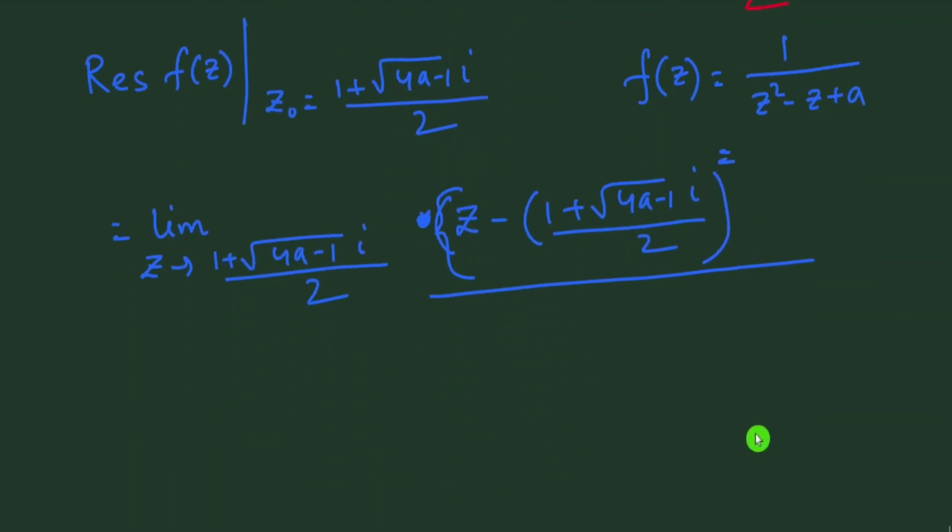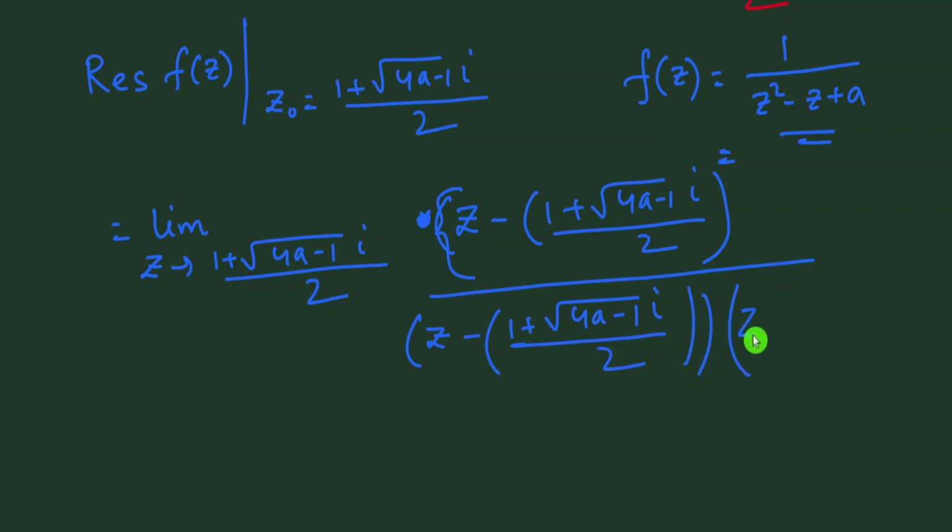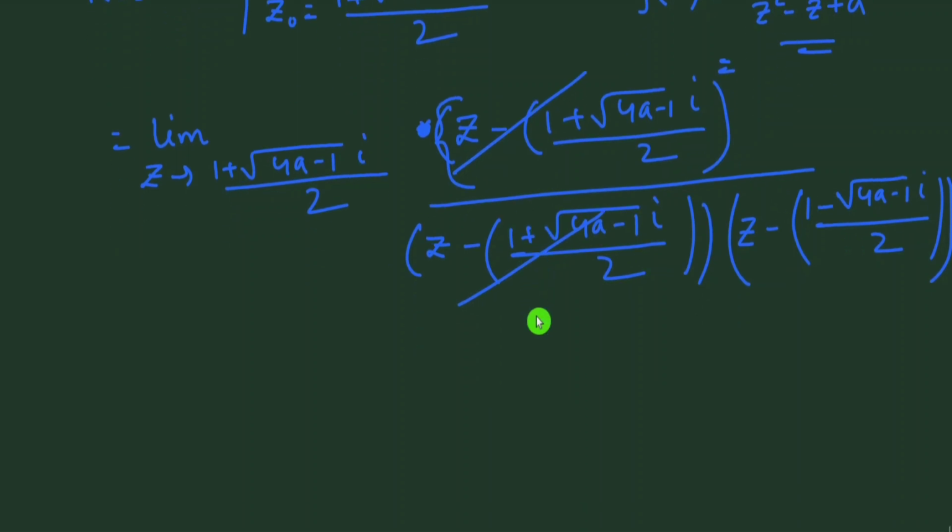So you can write z minus 1 plus root of 4a minus 1 iota by 2 into z minus 1 minus root under 4a minus 1 into iota by 2. Now this term and this term cancel. We put the value of z0 here.